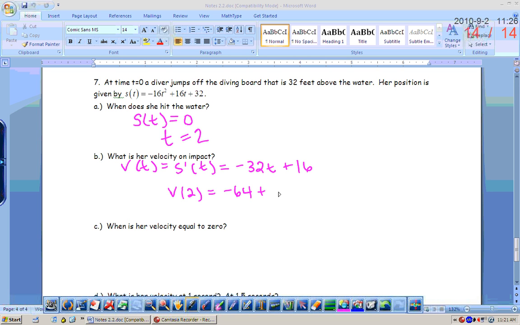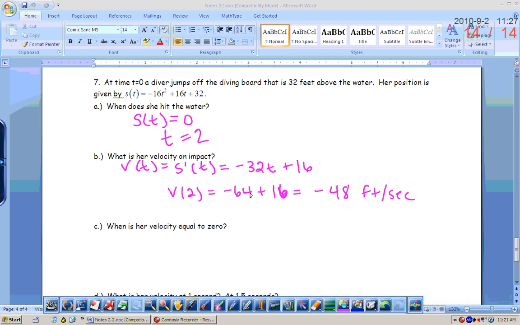Or you can just write S prime of 2 equals whatever it equals. I was thinking this would be easier to do without the calculator. Negative 48. Like I wrote that v of t equaled S prime of t, and so then I can either use v of 2 or S prime of 2.